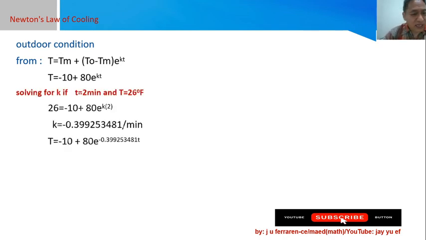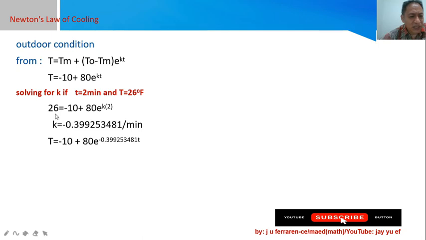Where do we get the value of K? It mentions that at 1:02 p.m., or 2 minutes elapsed, the reading becomes 26 degrees Fahrenheit. I substitute that into the equation above, so I have 26 equal to negative 10 plus 80 multiplied with exponential K times 2, correct?